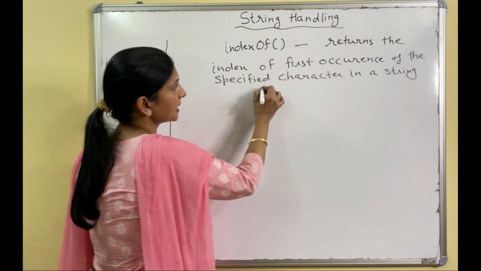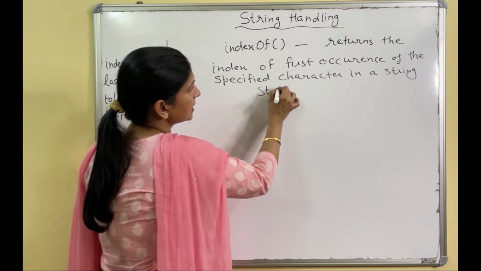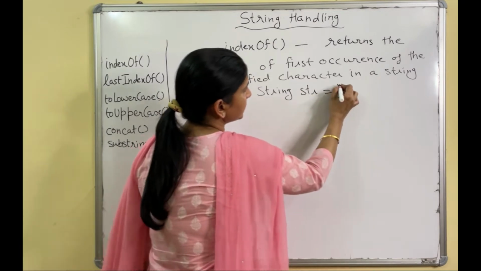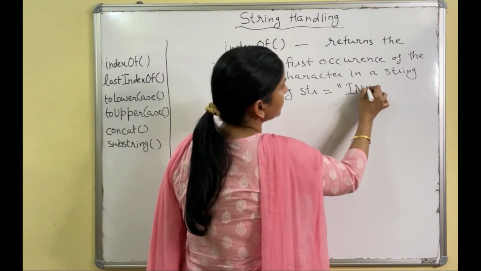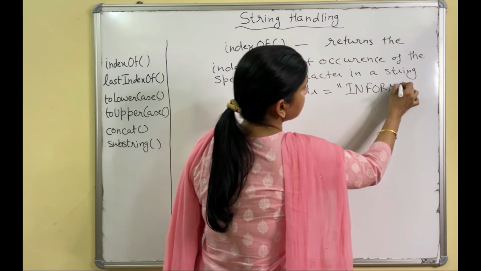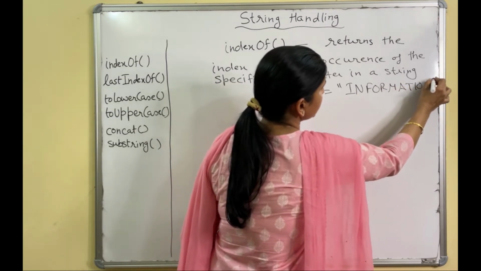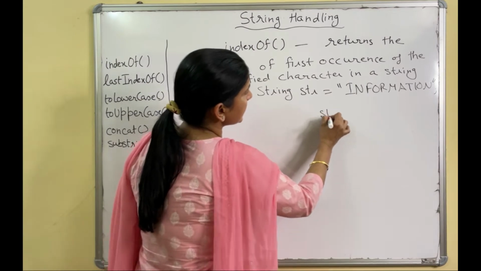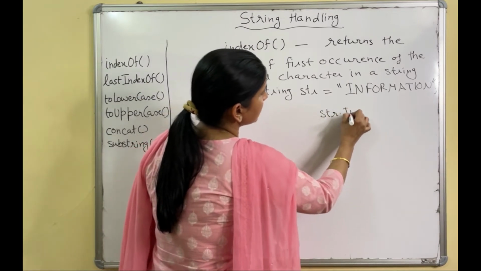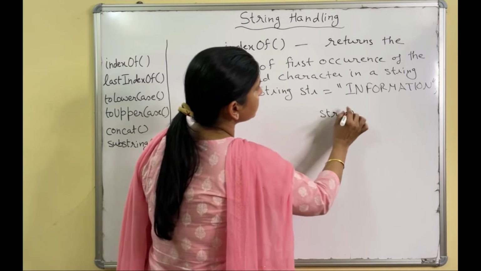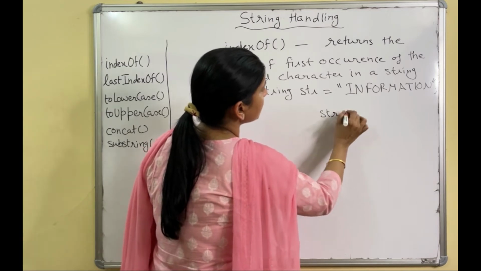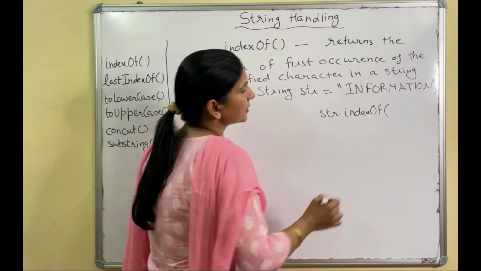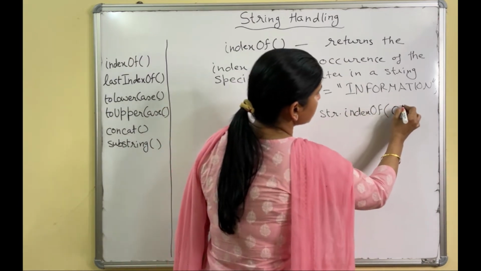Okay, I am showing with an example. For example, there is a string str. I am taking the string "information". Now, if I write str dot indexOf, and which character am I choosing here?